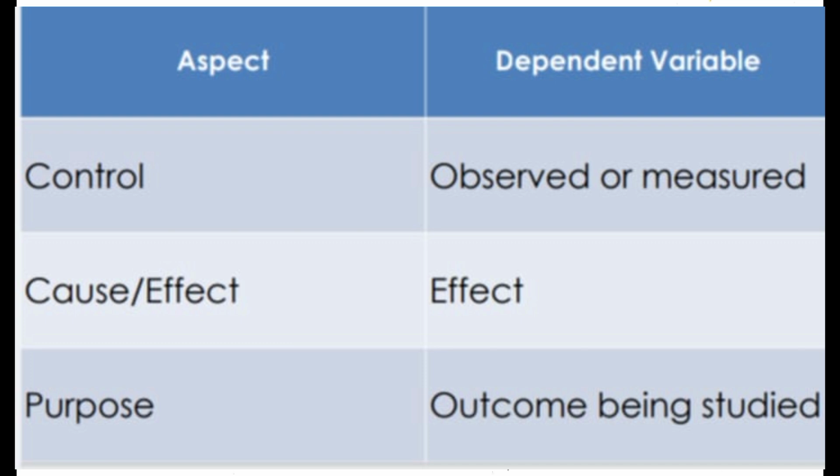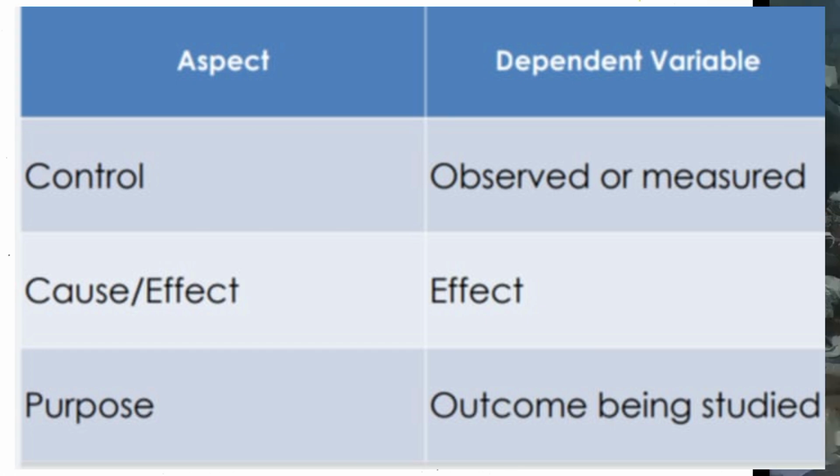In the dependent variable, we have observed or measured. The dependent variable is not controlled by the researcher. Instead, it is what the researcher observes or measures to see the results of the experiment. For example, if testing how sunlight affects plant growth, the plant's growth is the dependent variable, which is measured.